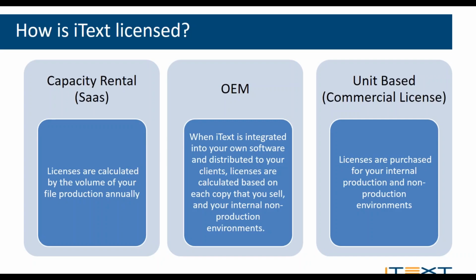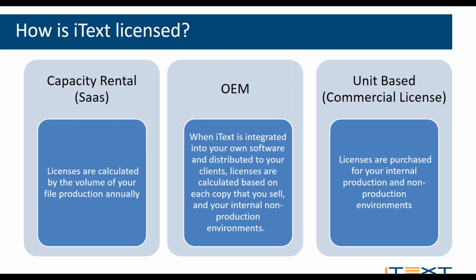The OEM licensing is a little bit tricky because it mixes 2 licensing structures into one. Like I mentioned before, since we license per instance, anything that you use to develop and test your software, you have to properly license. For OEM, when iText is integrated into your own software and distributed to your clients, these licenses are calculated based on each copy that you sell.